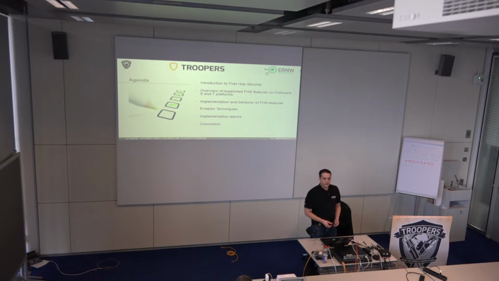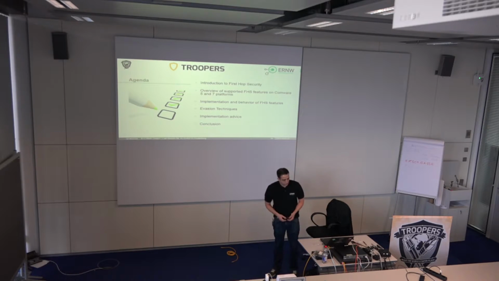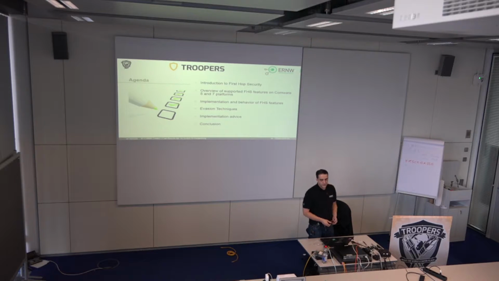We will have a look at what kind of first hop security features are actually supported, how they are configured, and whether they work as they should. Then, of course, implementation and behavior of these features. We will see that there are a couple of differences between CommWare 5 and CommWare 7.